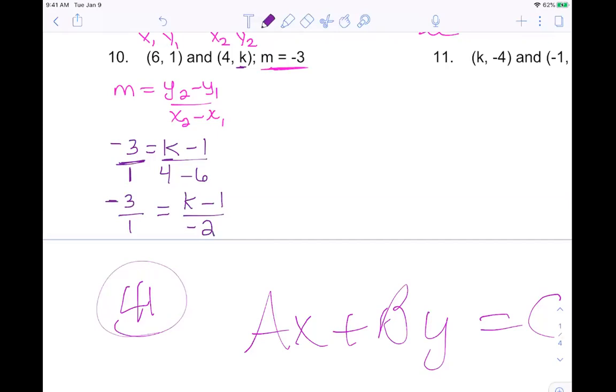Maddie, do you have an idea of what we could do to try and solve this equation to get the k by itself? You could multiply it by negative 2 on, I think it would be the left side. I'm not sure. You're right. So we want to get the negative 2 out of the denominator.